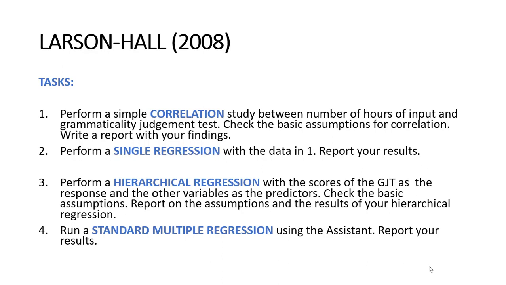And then, just as we did on the video, run a standard multiple regression using the assistant and report your results and see if you get a different and a better result. Okay, so I recommend that for this one we actually take 2 weeks. The first week of correlation and single regression, and the second one hierarchical regression and a standard multiple regression.